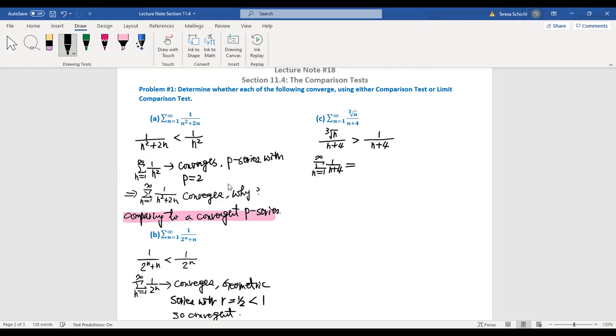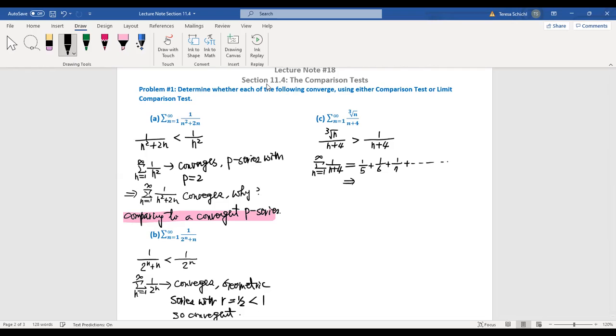For n equal to 1, it's 1/5, 1/6, and 1/7, right? So you just chop off the first 4 terms of a harmonic series.